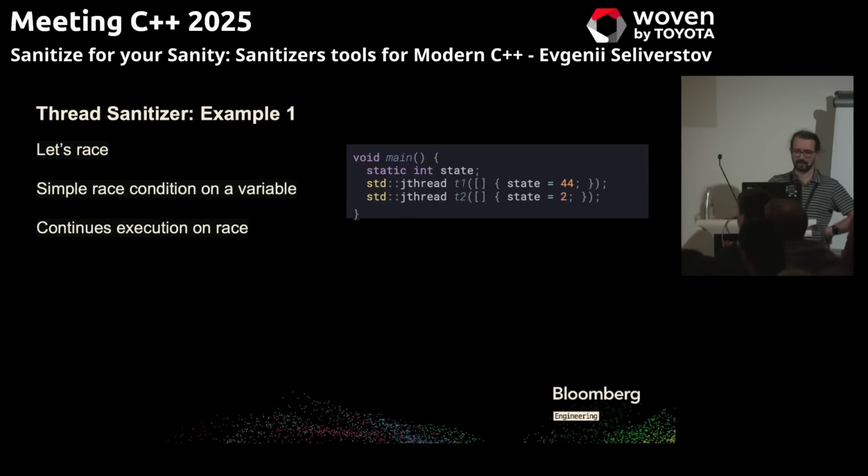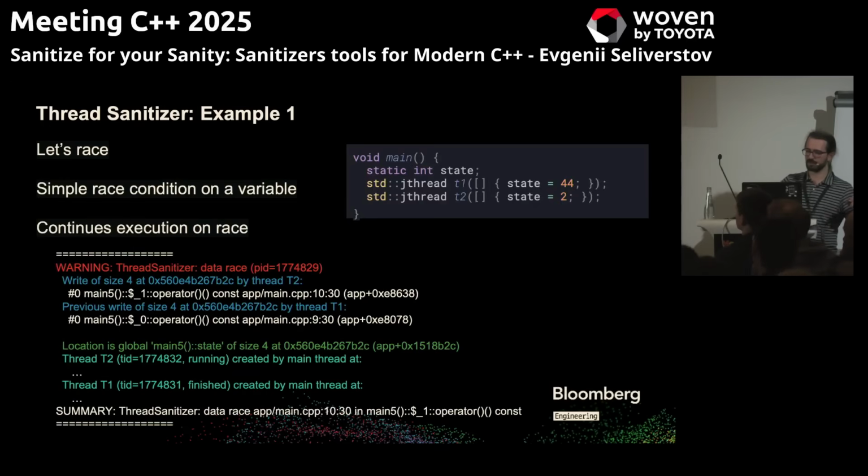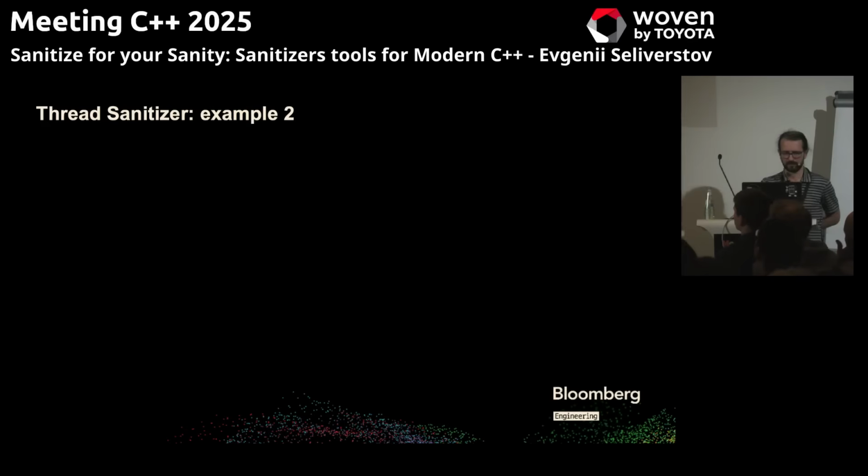So let's trace and observe what happens. First of all, the sanitizer doesn't stop your program. It continues execution, but it flags the problem for you. It says, okay, from thread 1 in this specific lambda line, we see this access. And we can just go and check what the problem could be. So that's the first example.